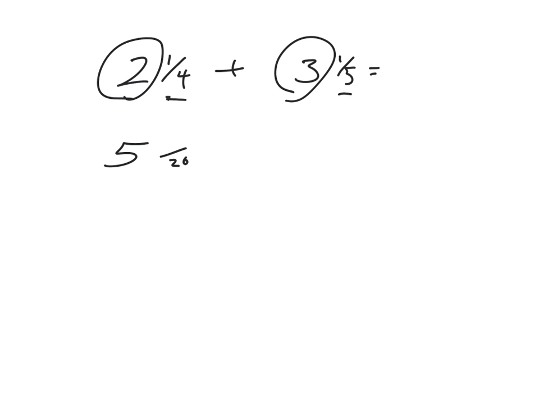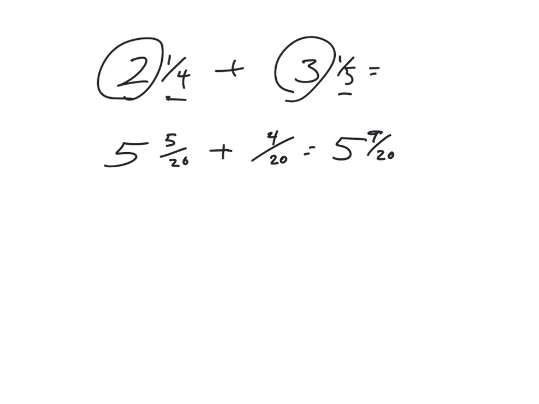Times by 5, so we get 5/20ths plus 4/20ths. That gets us to 5 and 9/20ths.